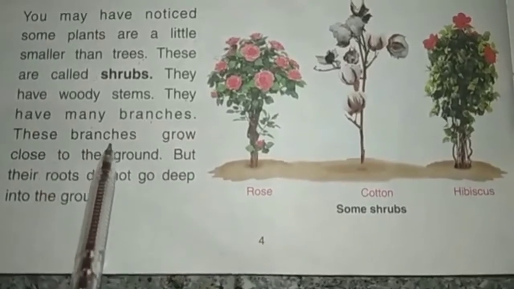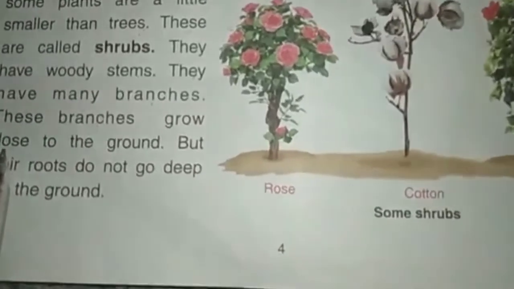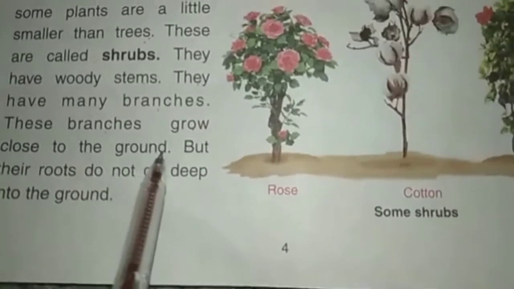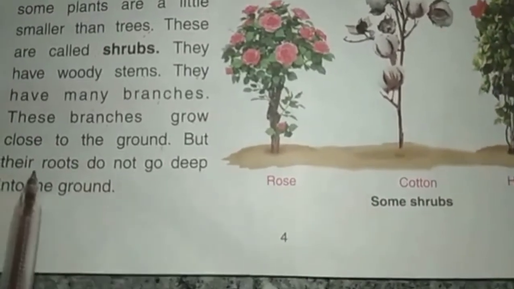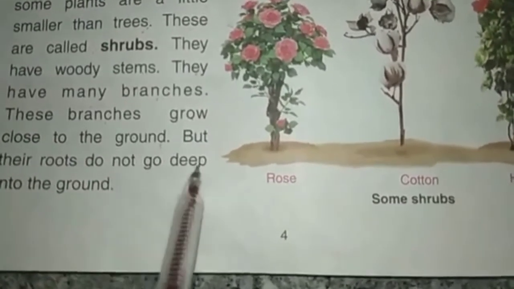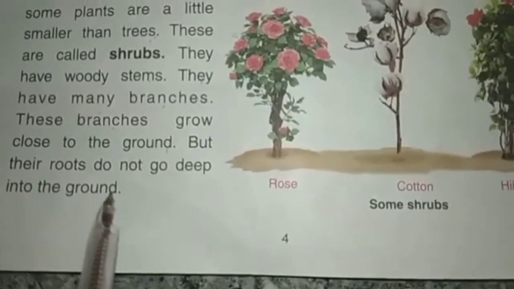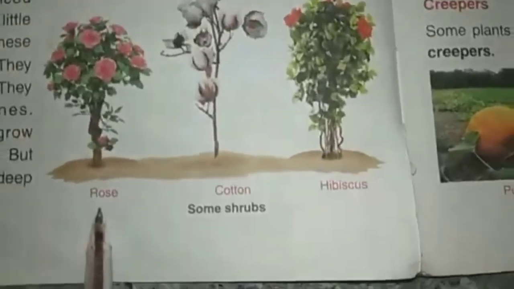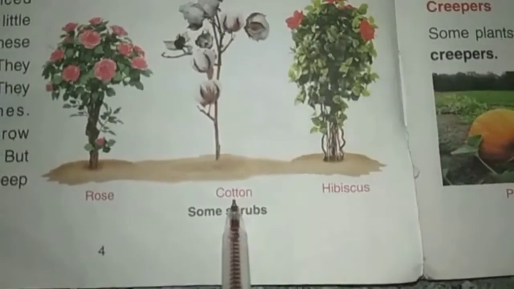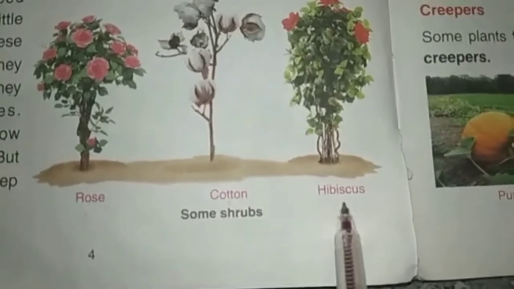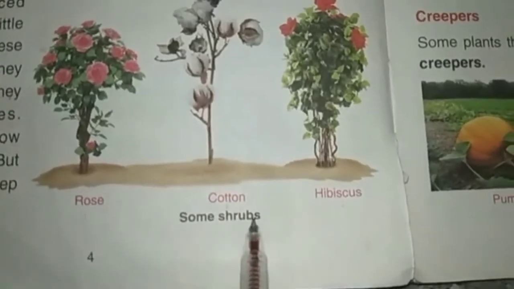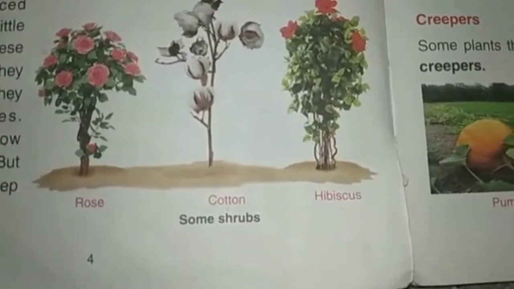These branches grow close to the ground, but their roots do not go deep into the ground. Examples of shrubs are rose, cotton, hibiscus.